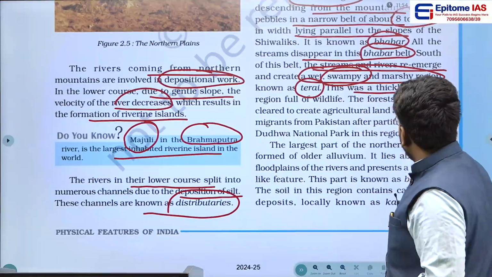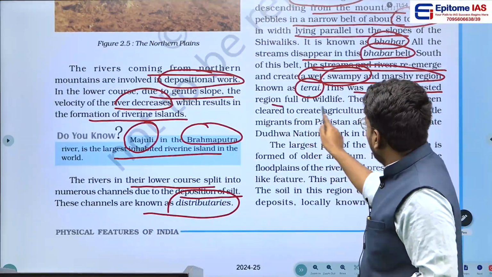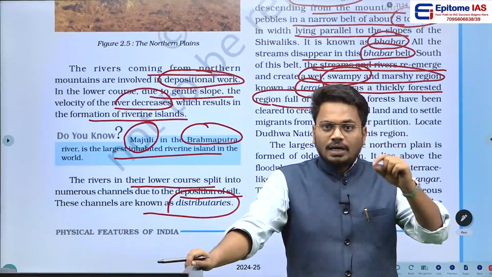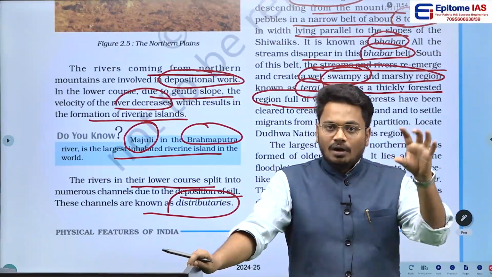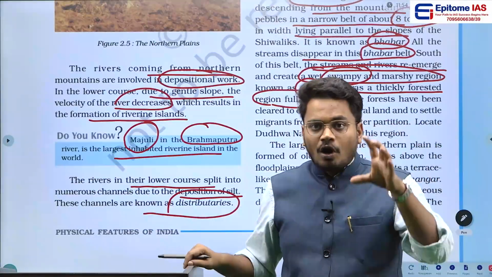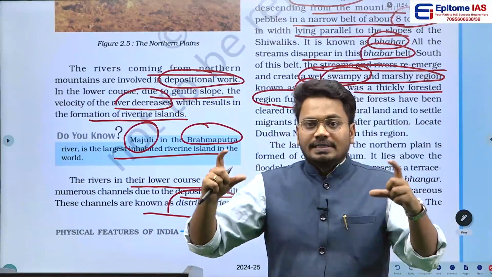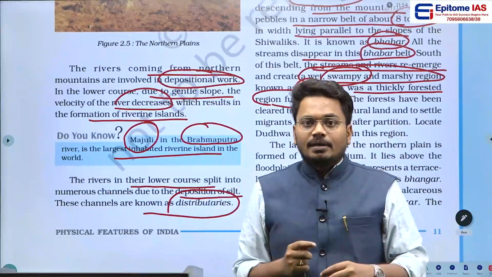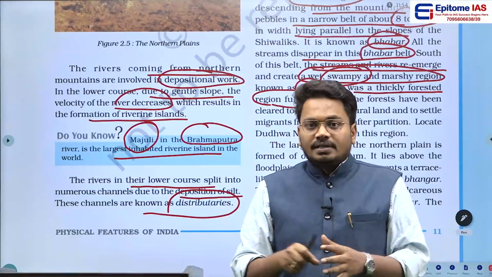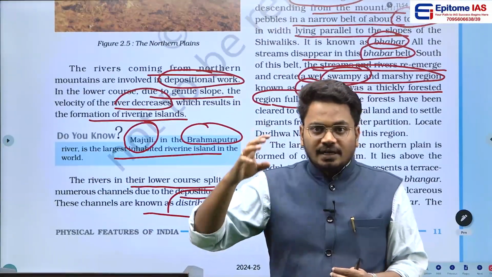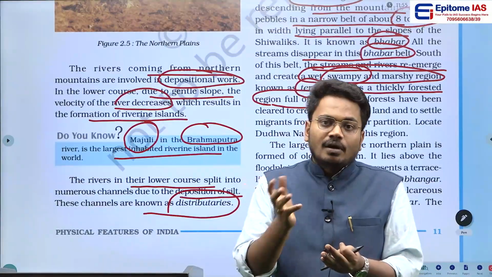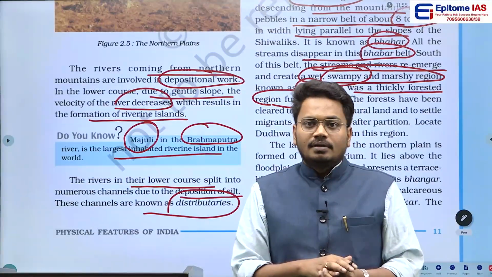This was a thickly forested region full of wildlife. If you go to the northern parts, if you go to Kaziranga National Park, the majority of national parks are formed in this Terai zone of the northern plains. Why? Because there you have the important features for the growth of vegetation and the survival of wildlife. Are you getting my point?